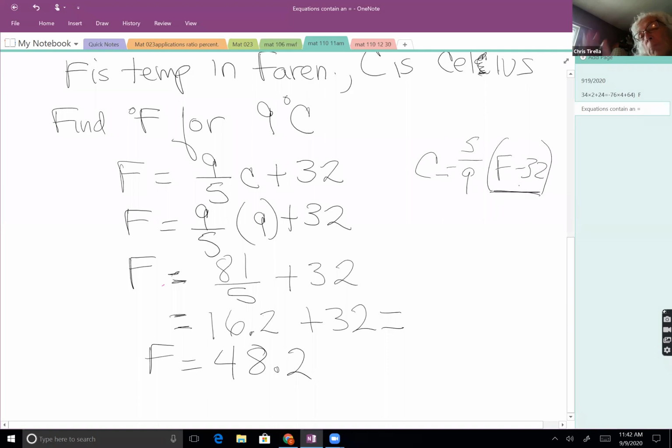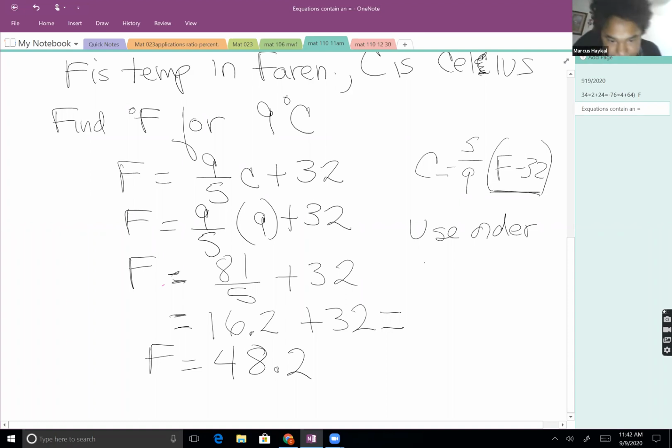And there, because of the parentheses, you would have taken care of what's inside first. So it's not always that in this problem I add first, in this problem I multiply first. We're always going to use the order of operations, okay?